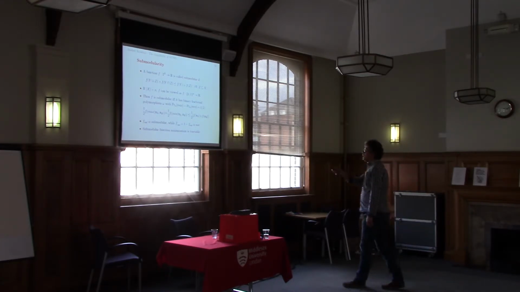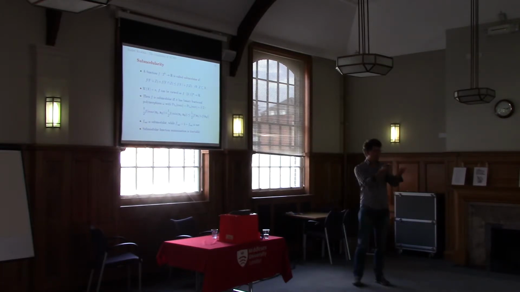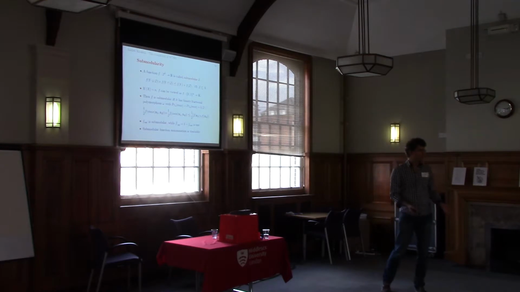Now we see that f is submodular, satisfies this inequality, if and only if it has a binary fractional polymorphism omega that assigns probability 1/2 to max and to min. And max and min are the ordinary maximum and minimum operations on 0 and 1.